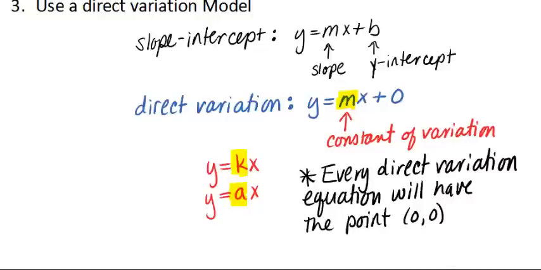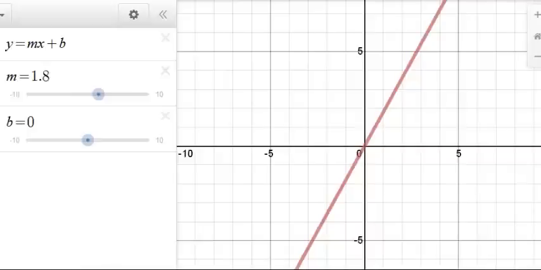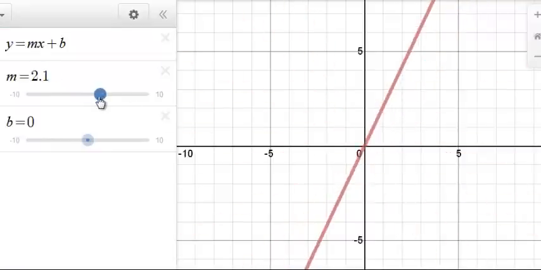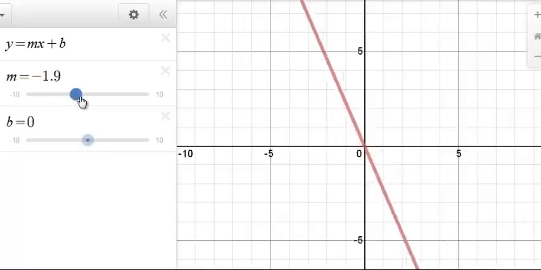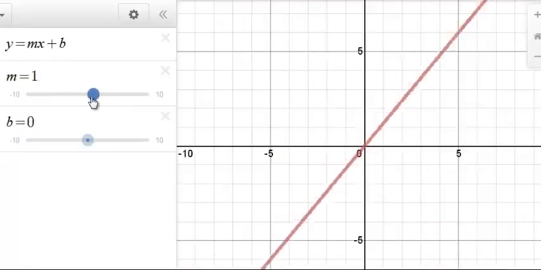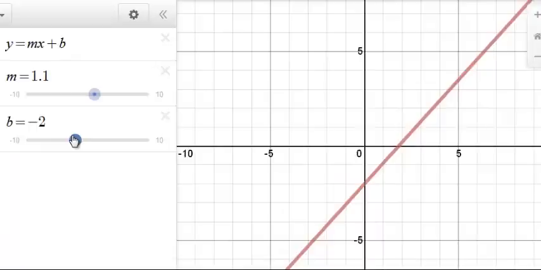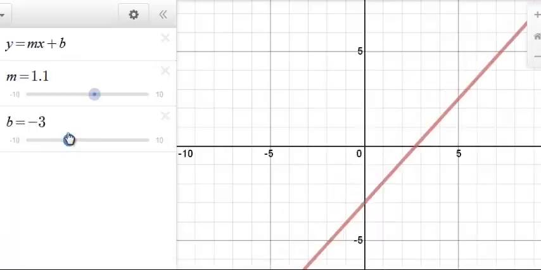Because the direct variation equation has to have 0, 0 on it, when we look at a graph, as long as our graph goes through the point 0, 0, as it does right here, then we're in good shape. So if I change the graph slope, as long as that stays anchored at 0, 0, you have a direct variation equation. The moment you change the y-intercept, now that graph is no longer direct variation because we don't have the point 0, 0 on the graph.